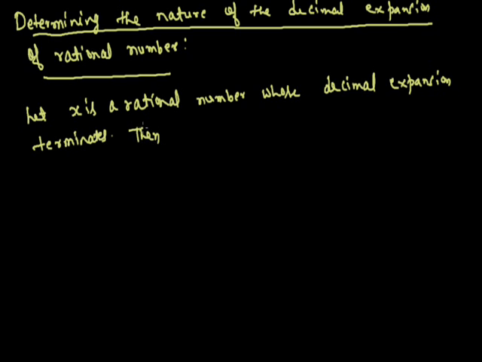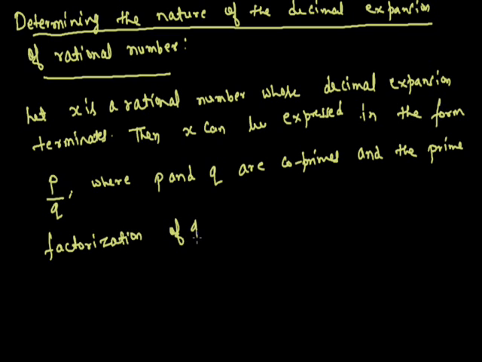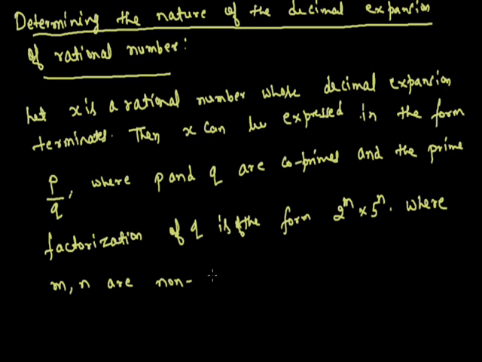Then x can be expressed in the form p upon q, where p and q are coprimes, and the prime factorization of q is of the form 2 to the power m multiplied by 5 to the power n, where m, n are non-negative integers.